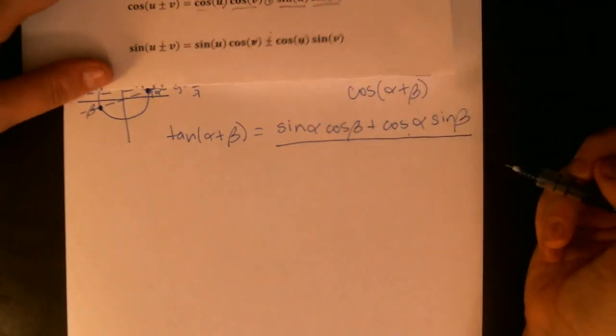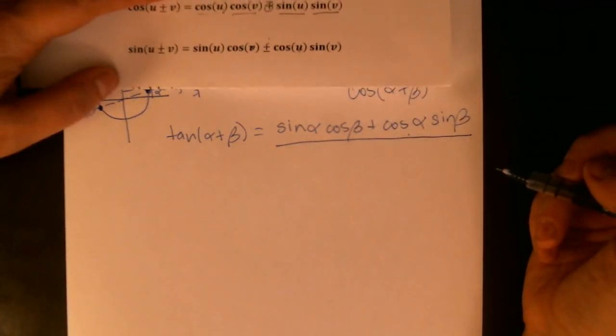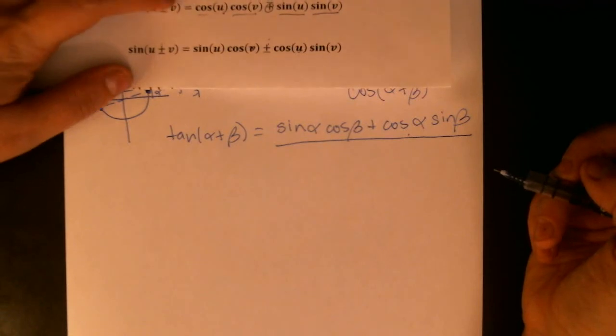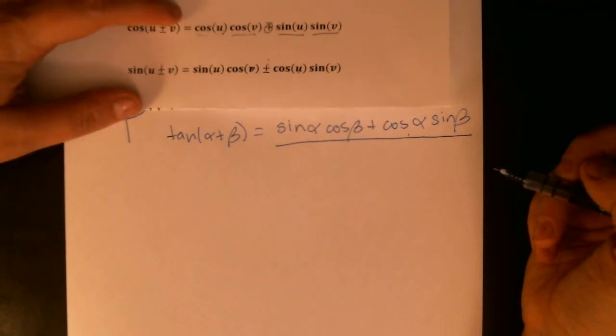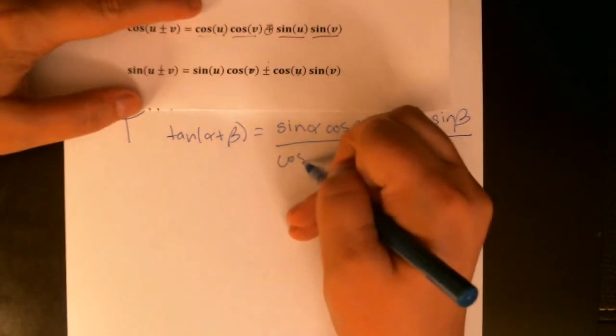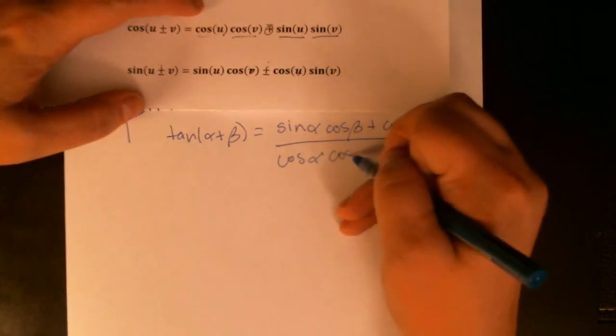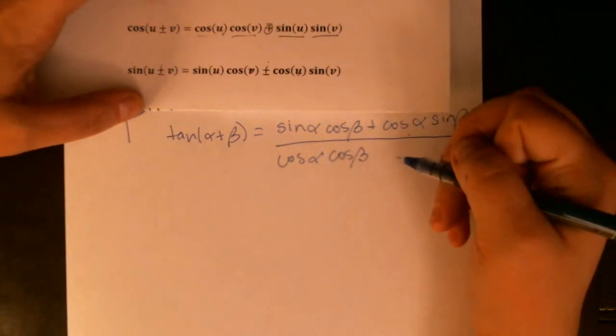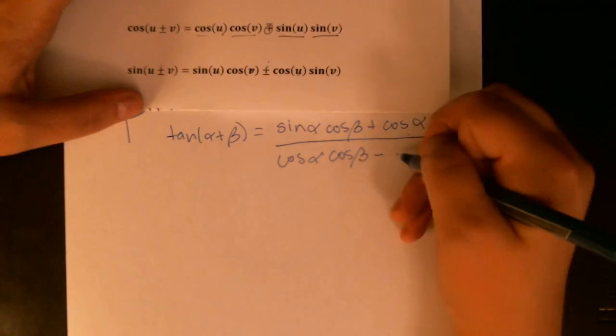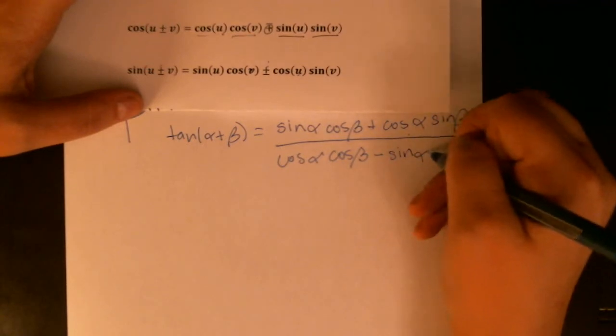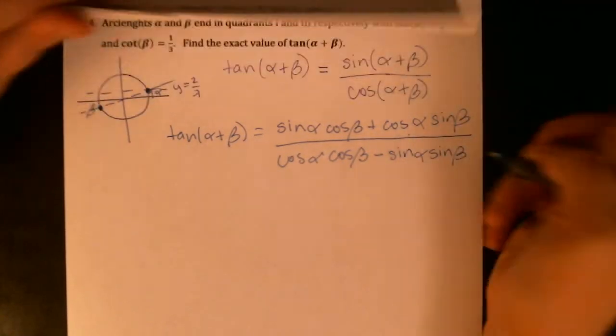And then cosine of a sum, cosine of alpha plus beta, is going to give us cosine alpha cosine beta, and then it was a plus, so it'll switch to a minus, sine alpha sine beta.